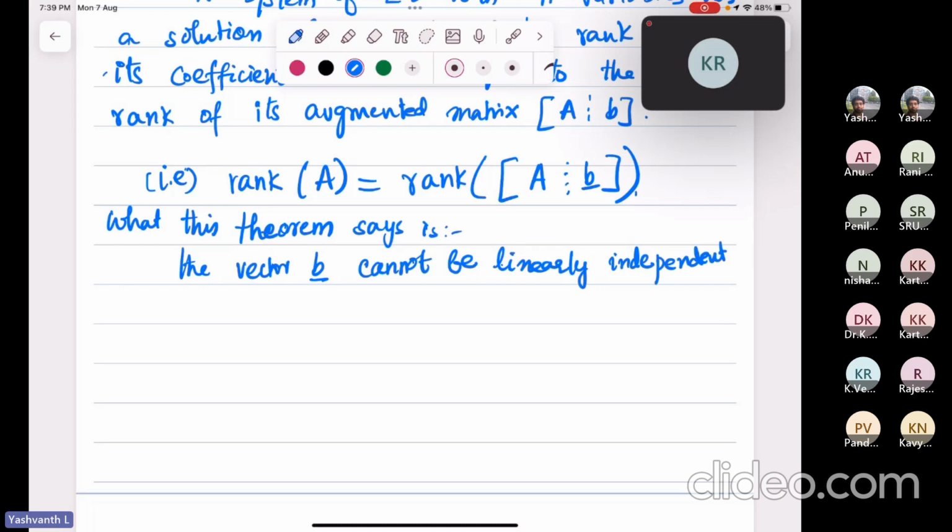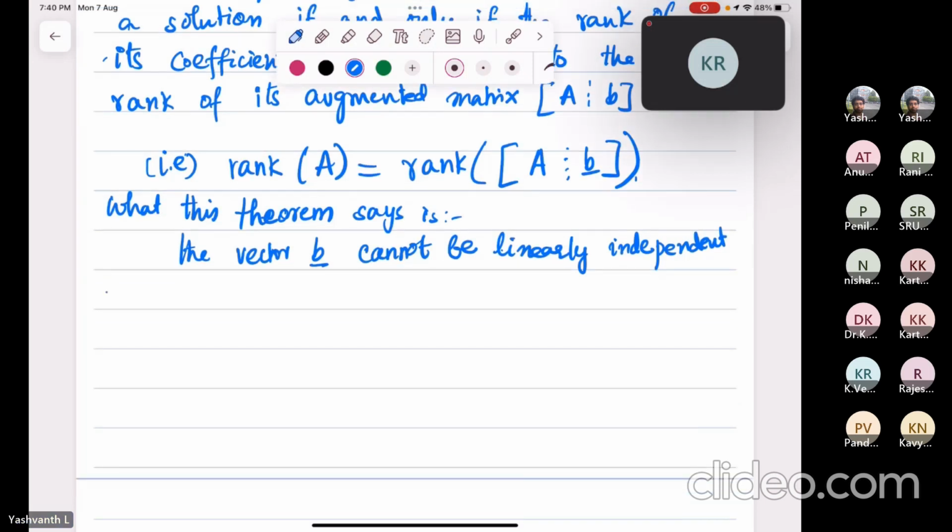That's why it has to be linearly dependent on these vectors, so the vector b should not increase the rank.